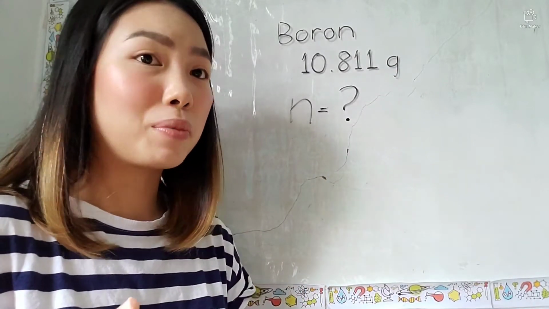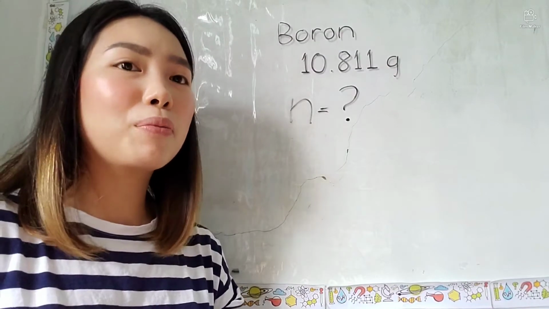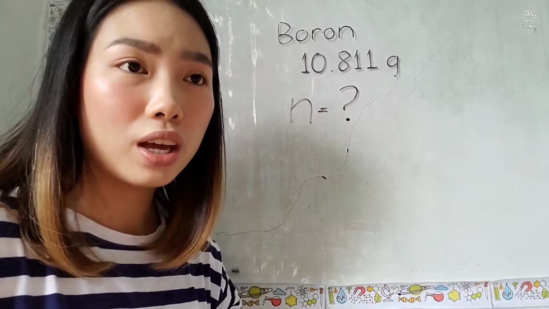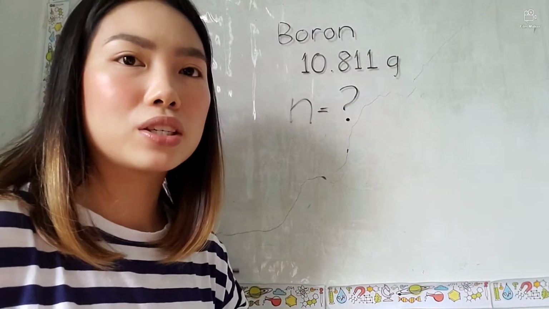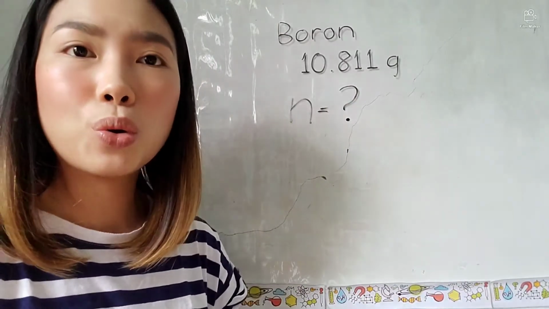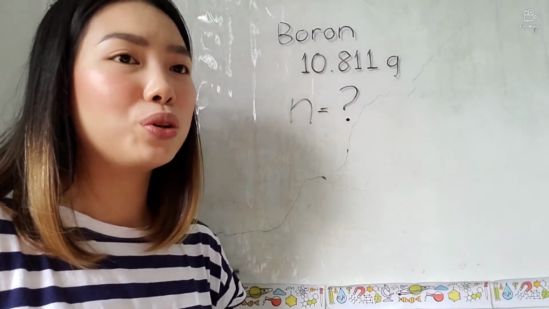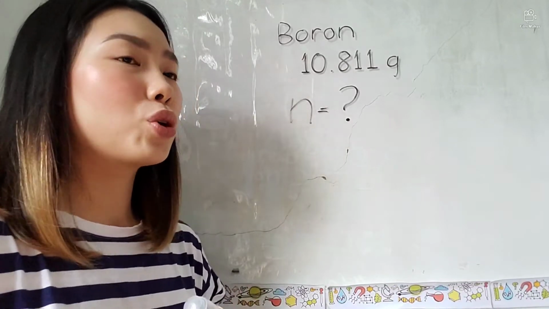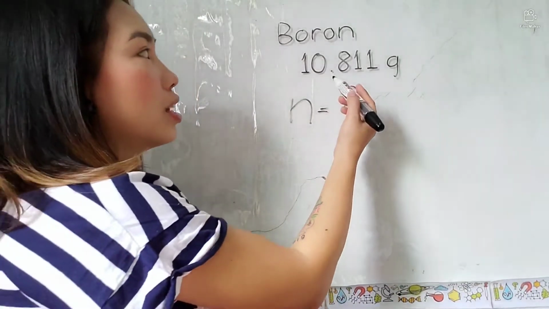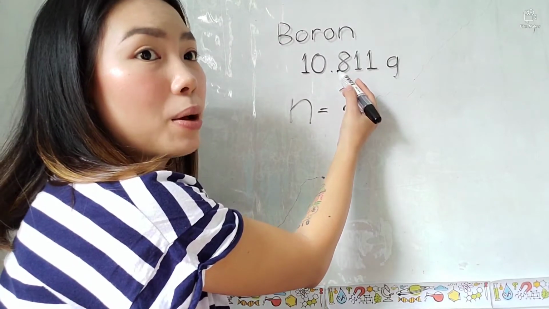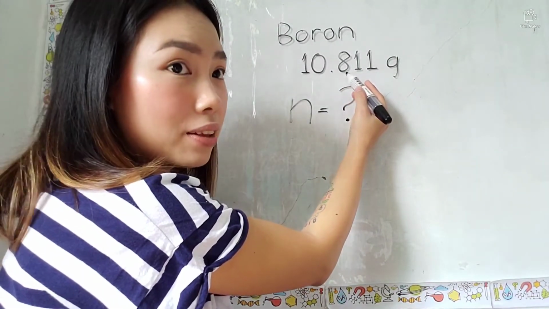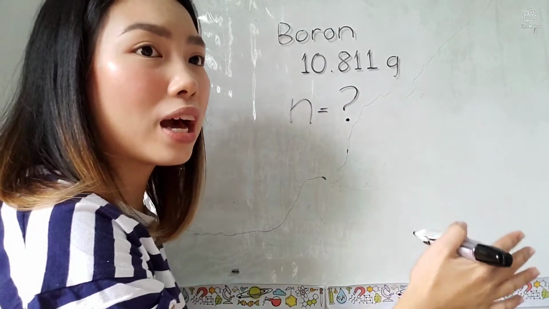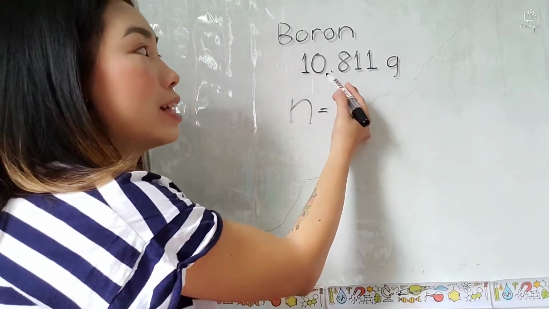So, for me to find the value of neutron, kasi yun yung gusto nating malaman na value, ang kailangan ko munang gawin is to round the atomic mass to the nearest whole number. So, when we say whole number, kailangan walang decimal point or decimal places ang isang number. So, kapag ni-round natin siya, since after the decimal point is 8, at ang 8 ay nai-round pataas, meaning you have to add 1 to the number na nasa unahan.